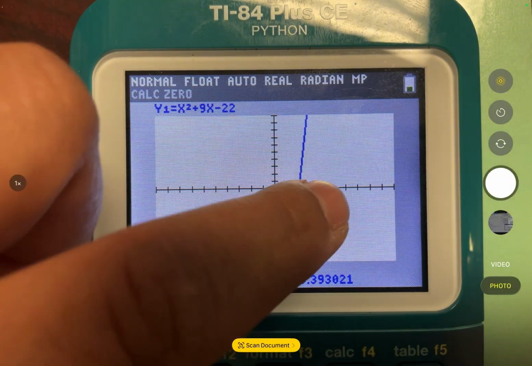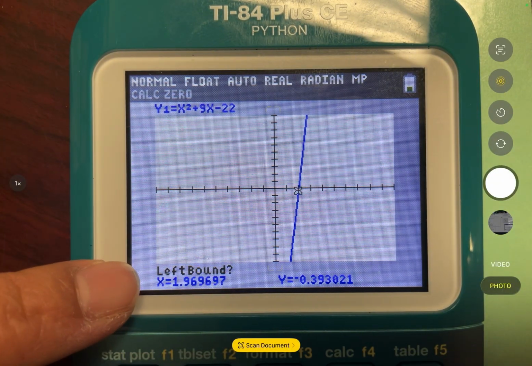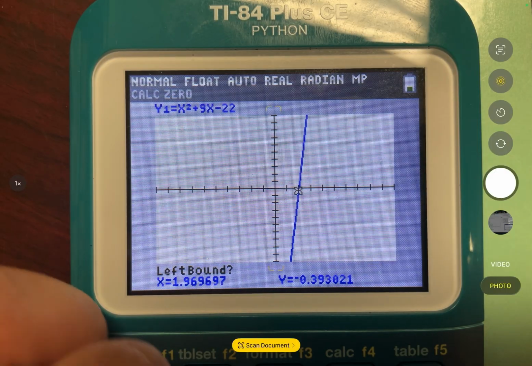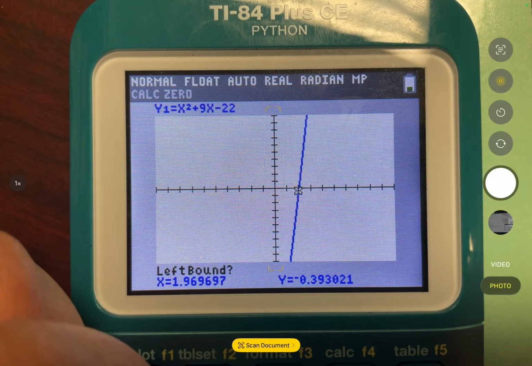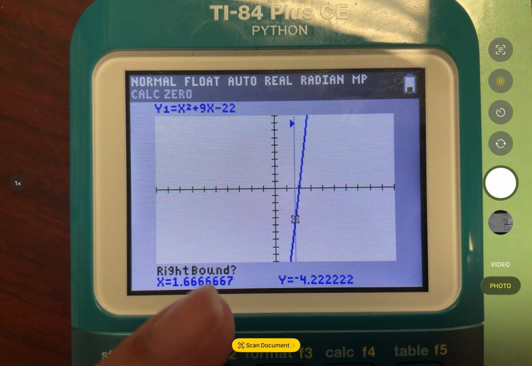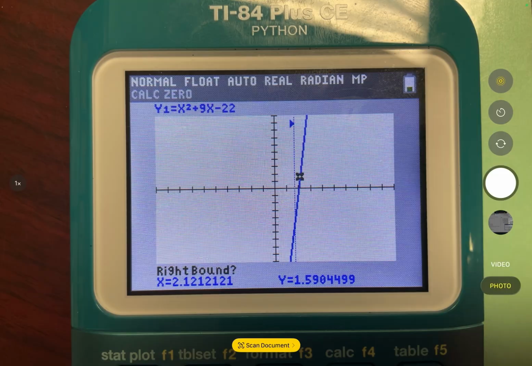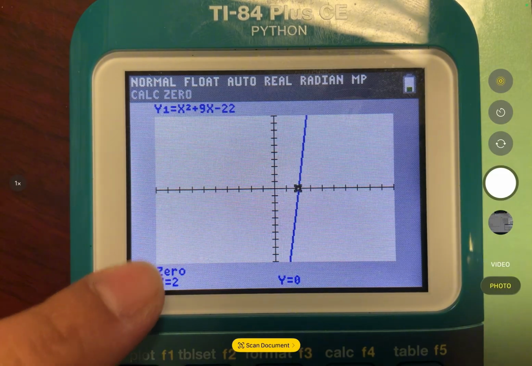This is as close as it'll let me get to it. The first question says left, so I'm going to hit the left arrow at least once or twice. Okay, push enter. Now hit the right until it moves to the other side. Enter, enter, and there's your x-intercept, 2, 0.